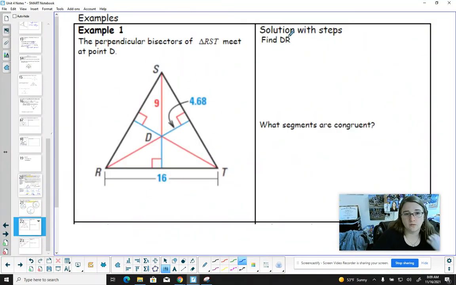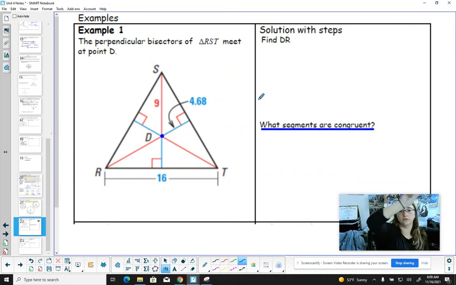So when we're looking at this picture, before we even find what we're looking for, I want to talk about what segments are congruent. Again, the magic here is from my circumcenter, which is D in this case, to the angles. Those pieces are congruent.